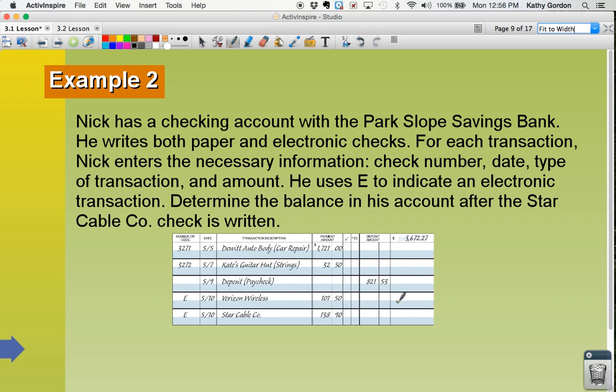So by putting them in different columns, it helps to keep that separate and therefore less likely to make a mistake. So any kind of money coming out of your account should go in this column. Any kind of money going into your account should go in this column as a deposit.